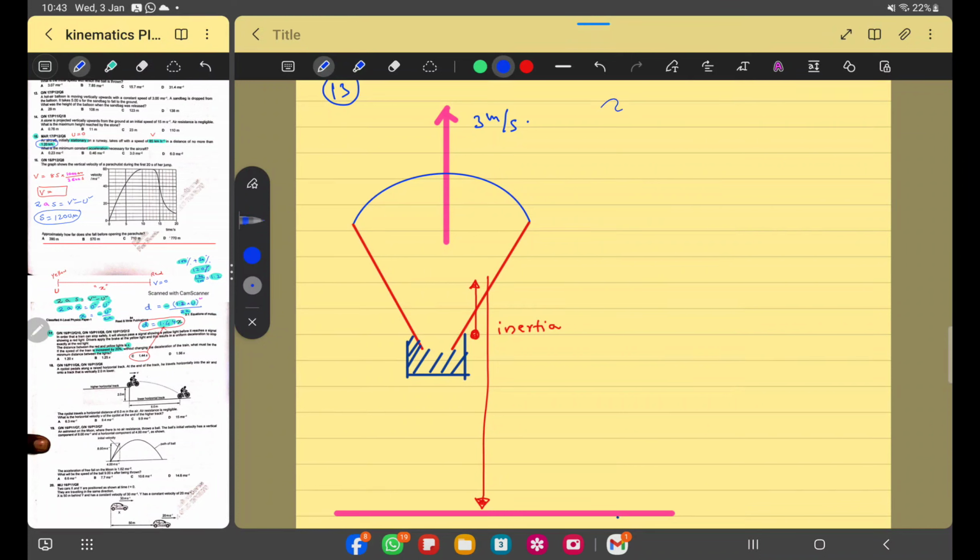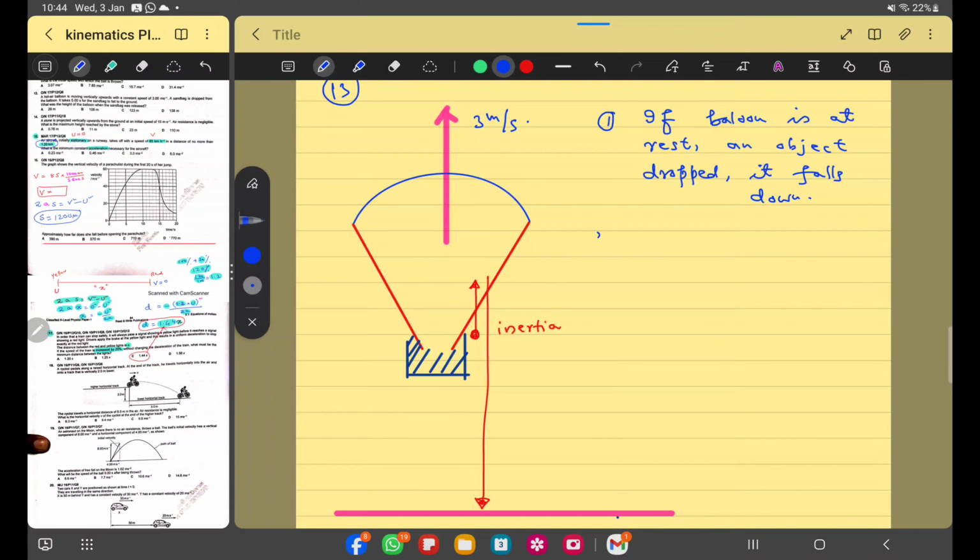Note down this concept, beta. If the balloon is at rest, and an object is dropped, it falls down. It is very simple.